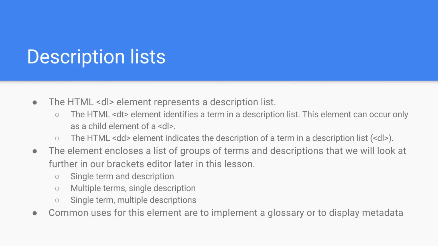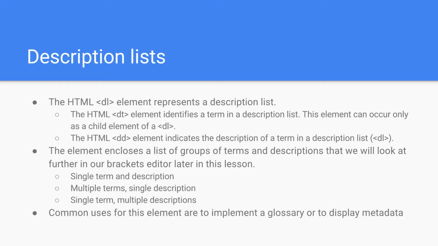The DL element represents a description list, and within the DL element, the DT element identifies a term in the description list, and the DD element indicates the description of the term in the list.